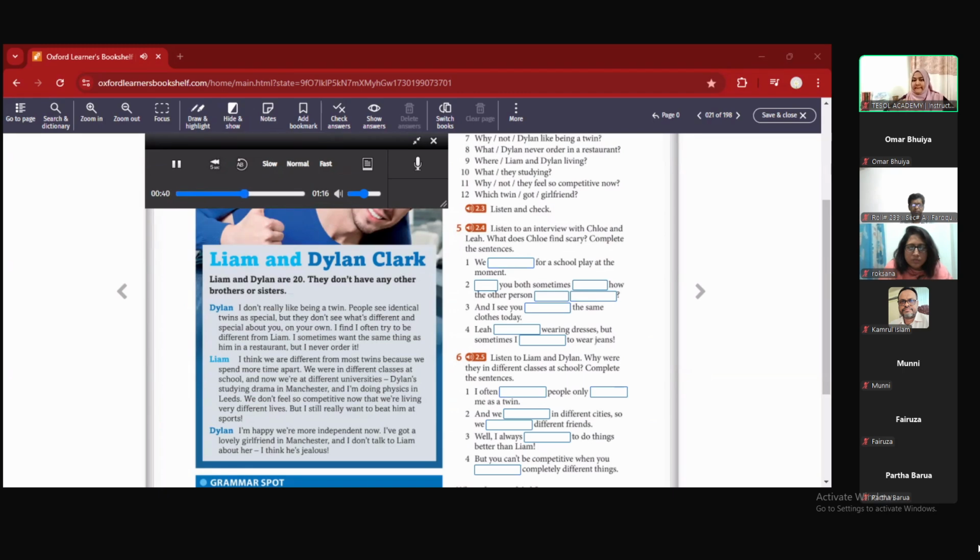We were in different classes at school, and now we're at different universities. Dylan's studying drama in Manchester, and I'm doing physics in Leeds. We don't feel so competitive now that we're living very different lives, but I still really want to beat him at sports. I'm happy we're more independent now. I've got a lovely girlfriend in Manchester, and I don't talk to Liam about her. I think he's jealous.